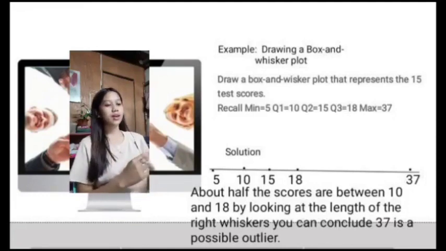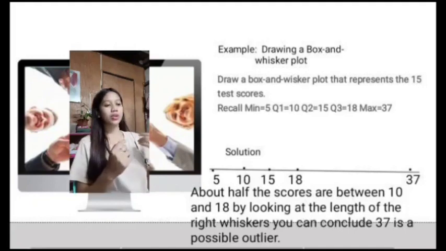We can again plot the box and whisker plot. So it would start from 5 to 37, with 5 the minimum and 37 the maximum, and we draw the line.